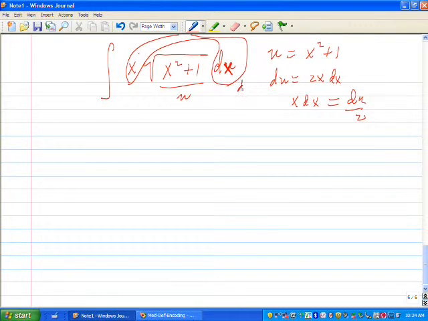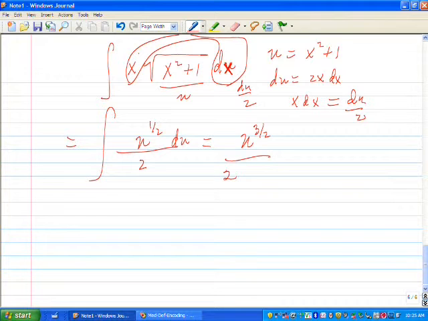So this will become du over 2 in the substitution. And so the integral becomes the integral of u to the 1/2, taking into account the square root, over 2 du, which can be integrated as u to the 3/2 divided by 2 times 3/2 plus a constant.